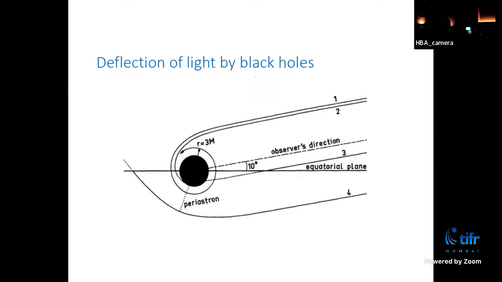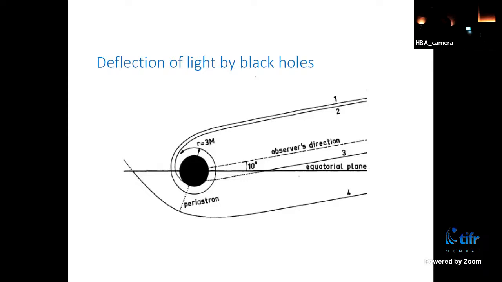Now we are observing; this is the black hole, and we are observing it from here. Let's say there was a light ray coming from here. Then normally it would just pass out like this in a straight line, and it's impossible for us to observe it from here. But due to the presence of the black hole, this light is deflected, and there's a chance that it might come into our field of view.